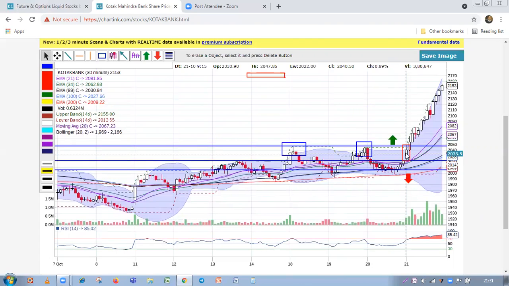Like this is Kotak Mahindra Bank and it has a cost of 2000. It's 2047. So 5 to 10 rupees is not a big buffer for this kind of stock having this big price. Okay, so I shall wait for somewhere, let us say about 2055 or even 2060 level to be broken, and then I will enter.